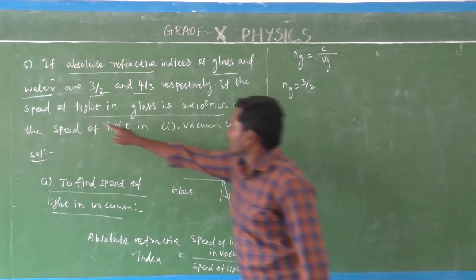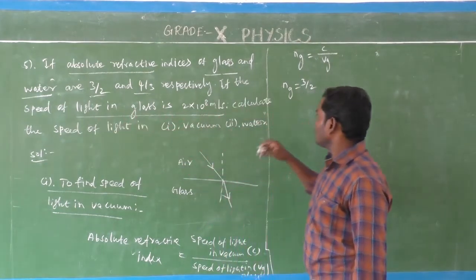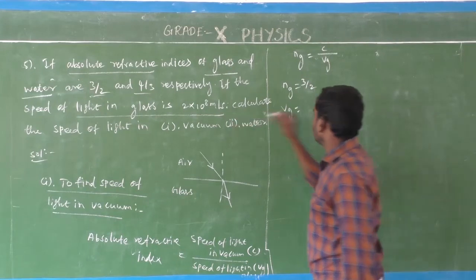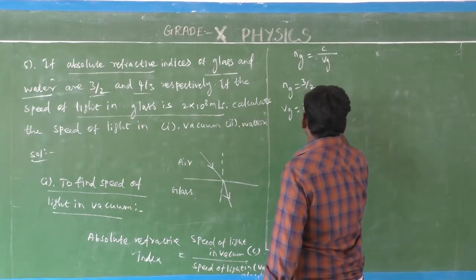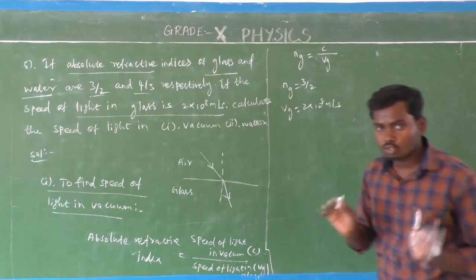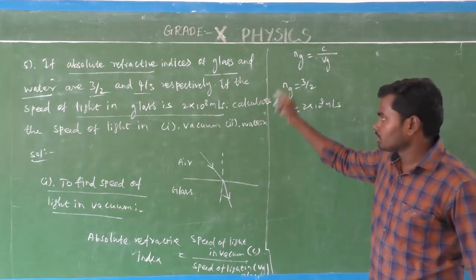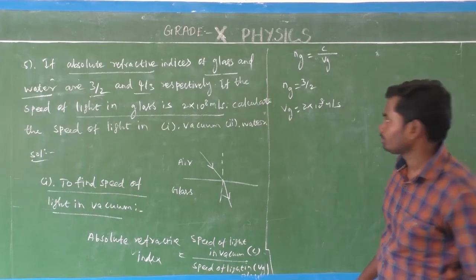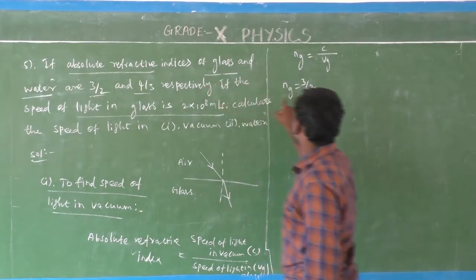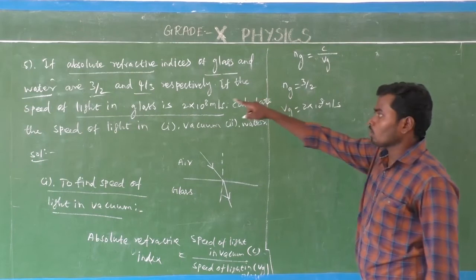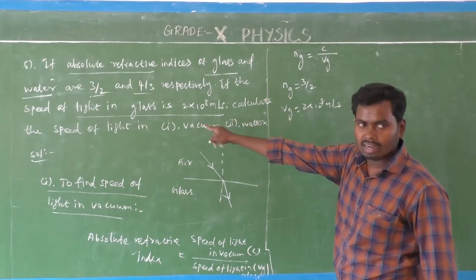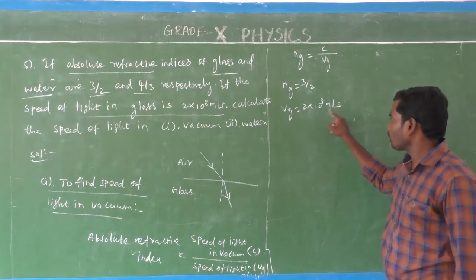Next, the speed of light in glass, which means vg, is equal to 2 into 10 to the power of 8 meter per second. So all the values we know are given in the question: the refractive index of glass with respect to air is 3 by 2, and the speed of light in glass is 2 into 10 to the power of 8 meter per second.